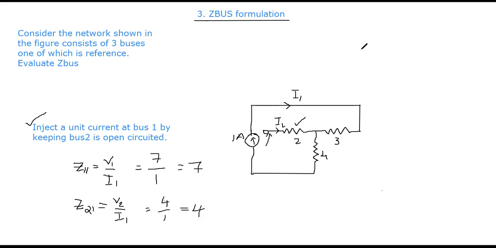Now what is the second case? Instead of injecting the unit current at bus number 1, now we are keeping bus 1 open circuited, and injecting the unit current in bus number 2. Again we need to make changes to the diagram.